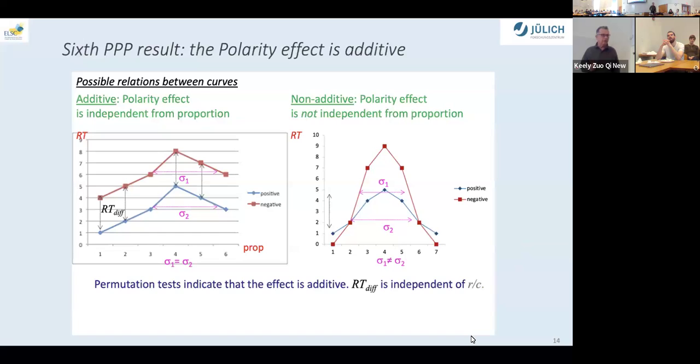A second question is, do these curves run parallel to one another? So you could imagine all kinds of relations that would hold between the curve that describes subjects' behavior on more, given the different proportions, and subjects' behavior on less, given the different proportions. Maybe they have a strategy that is bound by each.